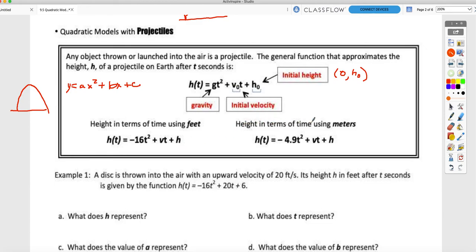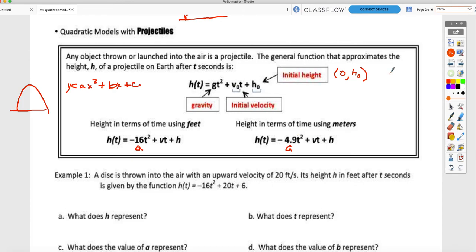If our height is in terms of meters, then instead of gravity being negative 16, it's going to be negative 4.9. We're still going to be given a velocity and we're still going to be given an initial height. So what you have to remember is, do I have meters or feet? If I have feet, I need to remember that my A value is going to be negative 16. And if it is in meters, my A value is going to be negative 4.9.